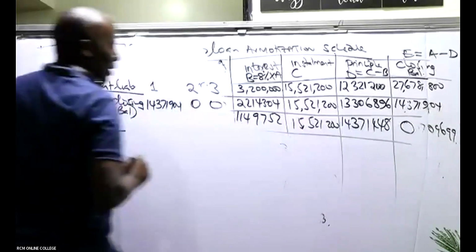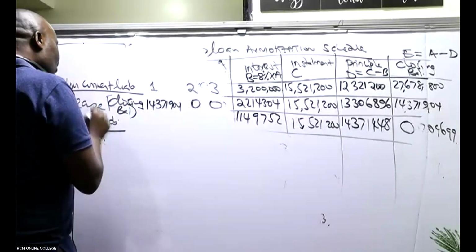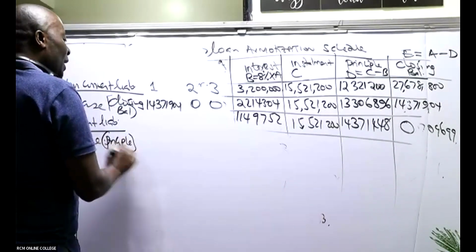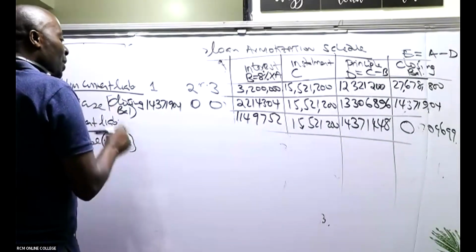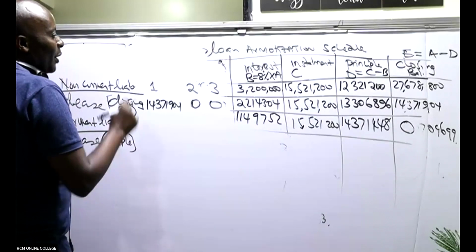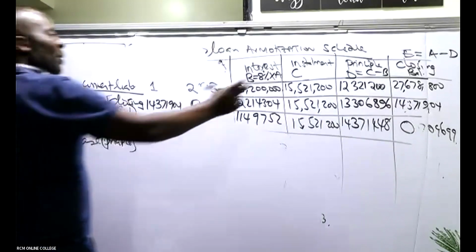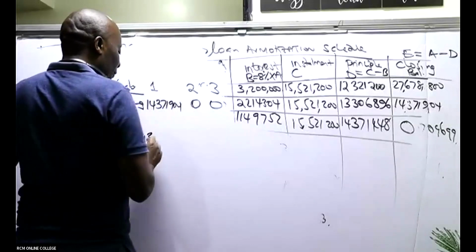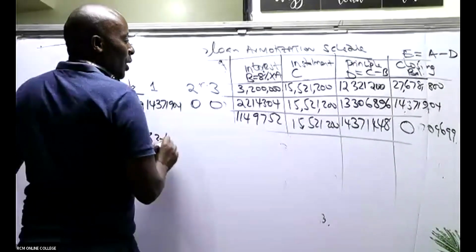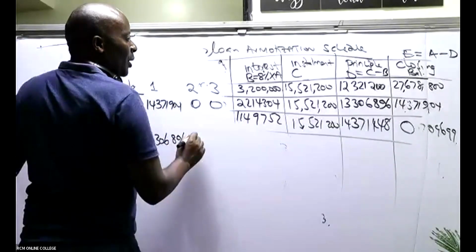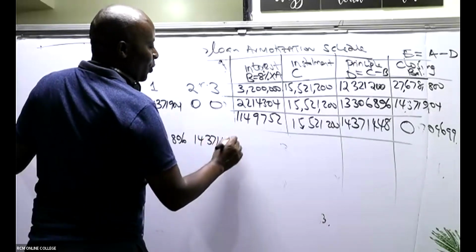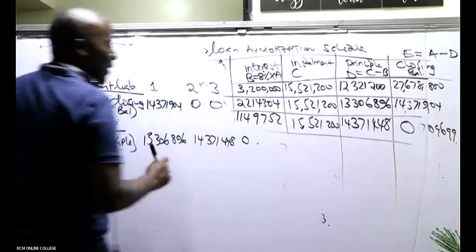Here there's nothing. For lease current liability, pick the principal, again from year 2 onwards, without even reasoning. So we have here 13,306,896, this will be 14,371,448, whatever, and then of course there will be a 0 there.